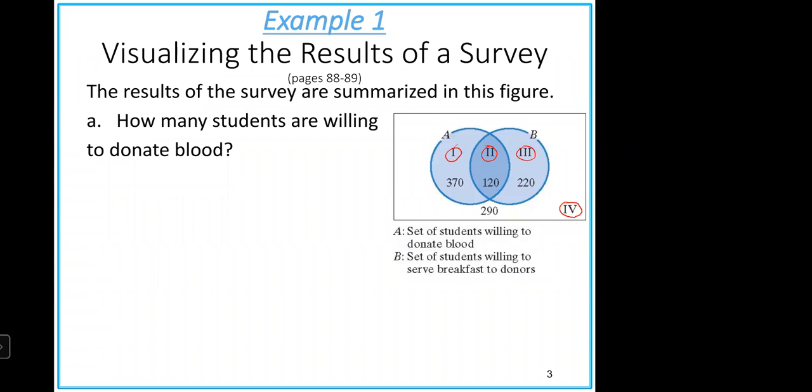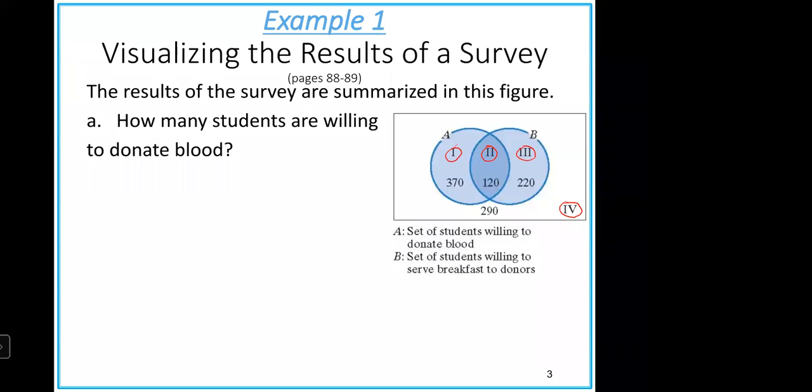All right, so it says the results of a survey are summarized in this figure. So set A shows students willing to donate blood. Set B, students willing to serve breakfast to donors. Okay, and so you will see 1, 2, 3, 4 different numbers here.